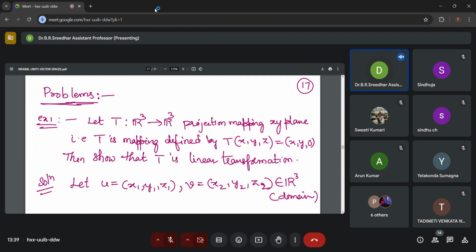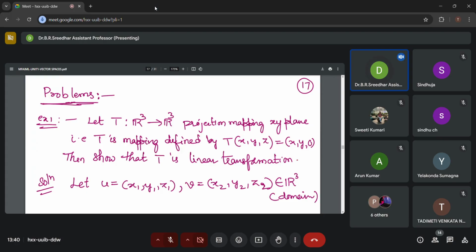There are generally three types of mappings that we consider. Number one is called one-to-one mapping, which can also be read as injective. Number two is onto mapping, which can be read as surjective. And if any mapping satisfies both one-to-one and onto, then it is called bijective.